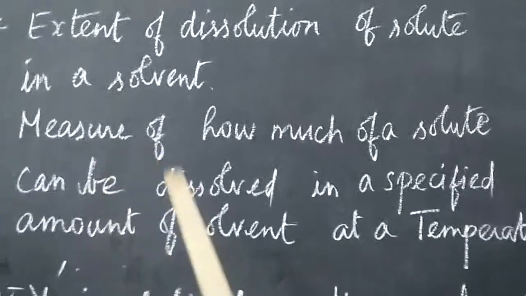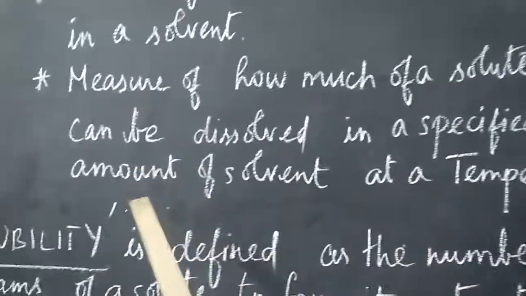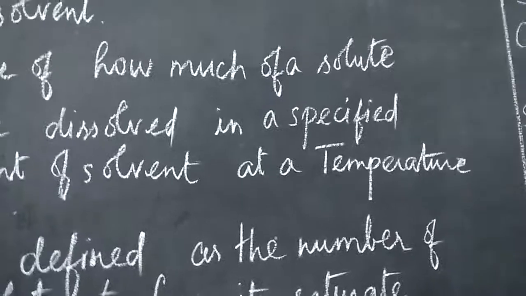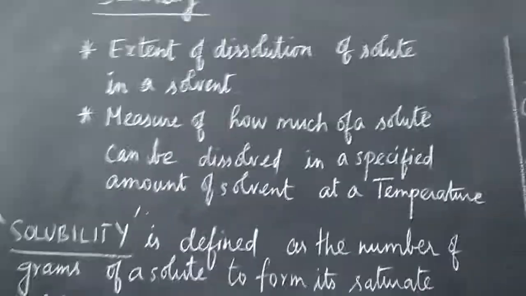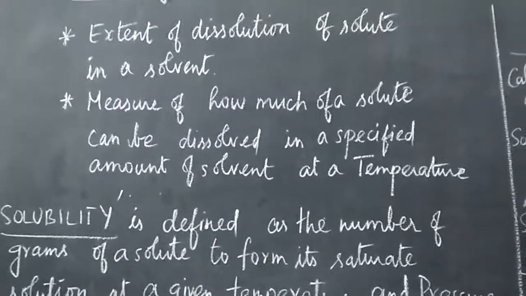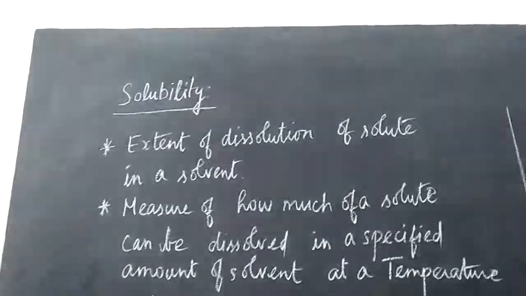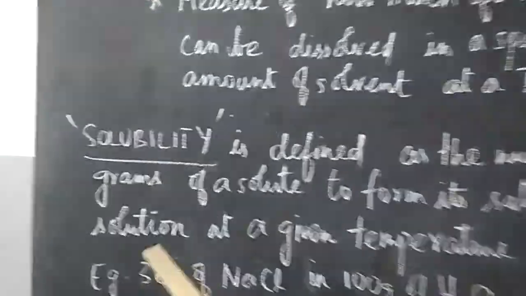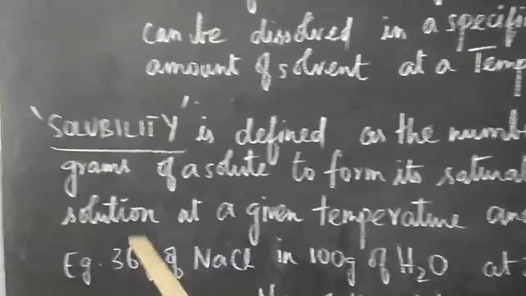So it is a measure of how much of a solute can be dissolved in a specified quantity of a solvent at a temperature. You are not going to increase or decrease the temperature. At a particular temperature, how much of a solute can be dissolved in a specified amount of solvent is called its solubility. The definition of solubility can be asked for 2 marks.